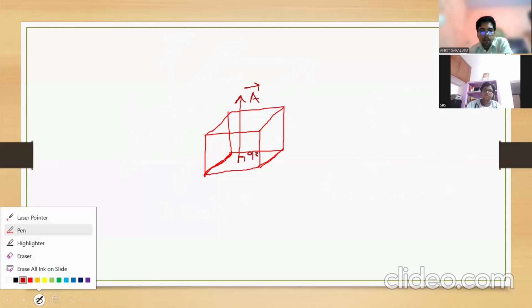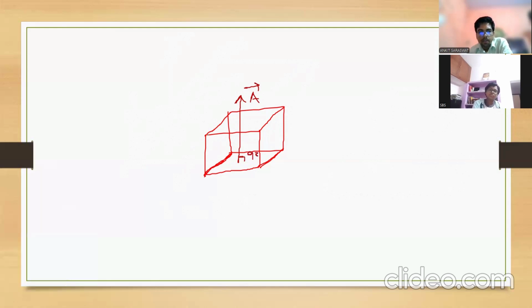This is C vector, this is A vector, and this is V vector. Now if you look carefully, I can project the C vector like this also.